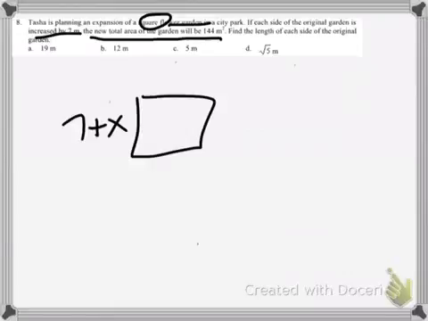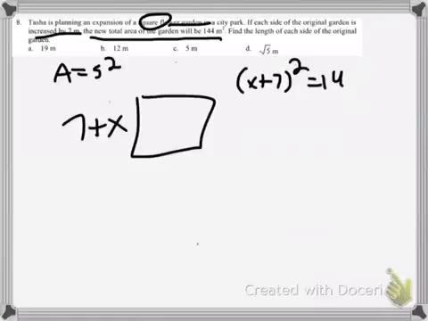So right here we have, let's write that differently, x plus 7 squared, because the square's area is s squared, equals 144. Solve this, take the square root.